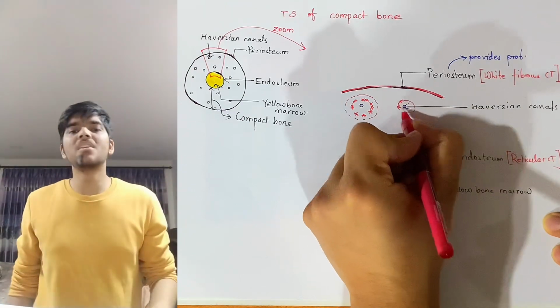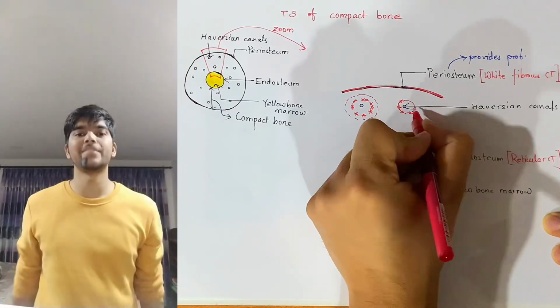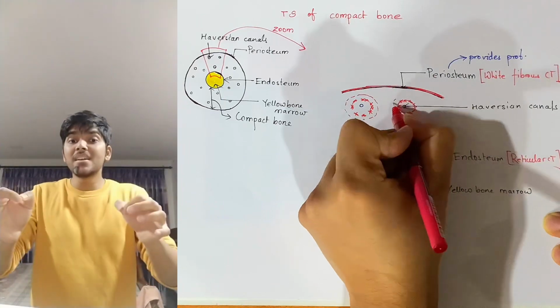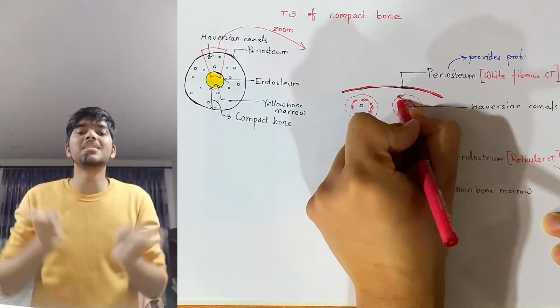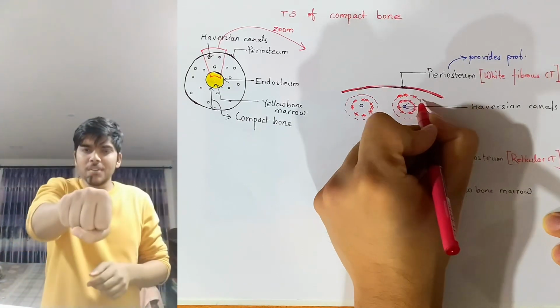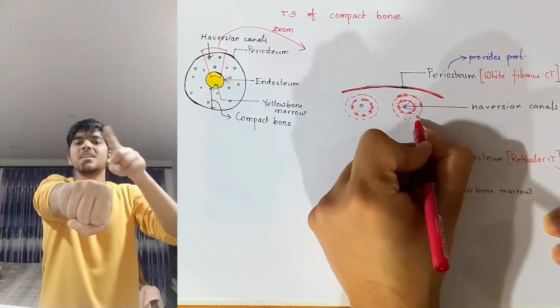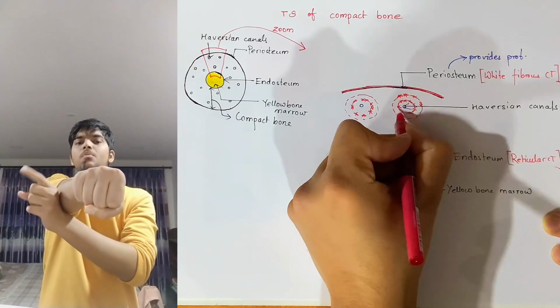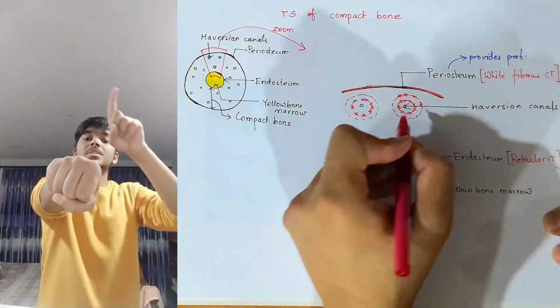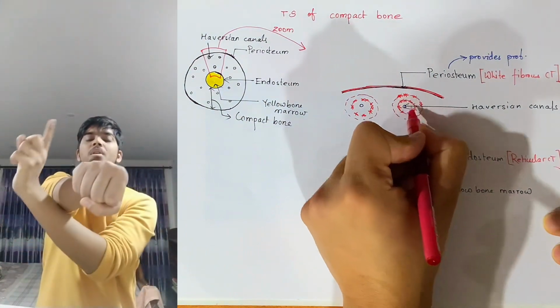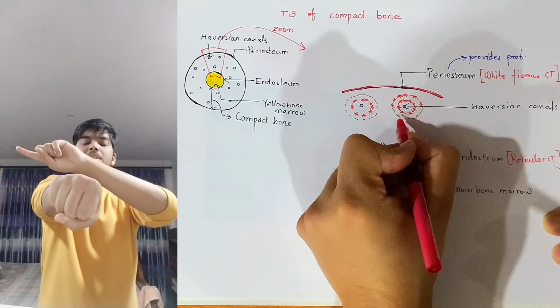But these cells are not just spread around a haversian canal. They are present in circular rings, and these circular rings are concentric. Here's your haversian canal. Around this haversian canal, there's a circular ring in which osteocytes are arranged. Then there's another circular ring which encircles the smaller ring, in which osteocytes are arranged.